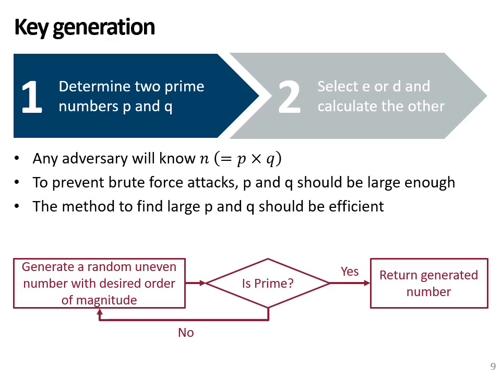In general, this kind of method is used, where first some random odd number is generated with the desired order of magnitude, meaning with the desired number of bits. Then some check is performed to see if this number is prime. As it is computationally very difficult to calculate with certainty whether a very large number is a prime or not, some probabilistic method is used.